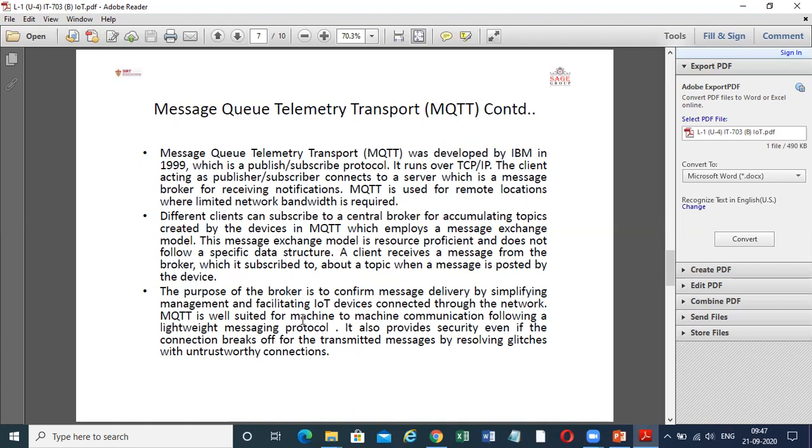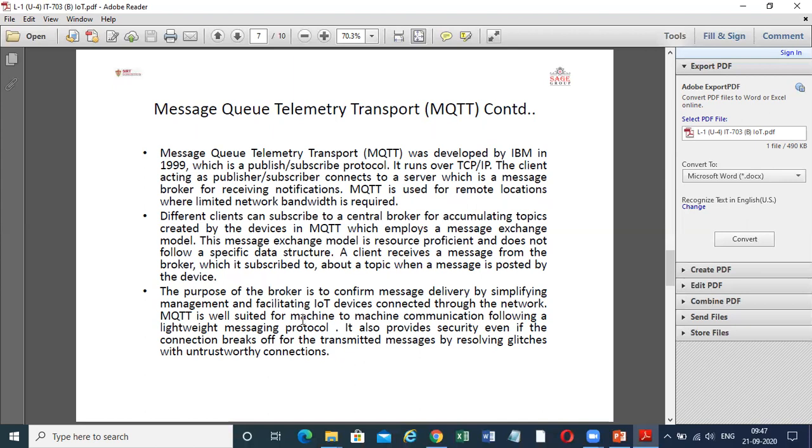The clients acting as publishers and subscribers connect to the server, which is a message broker, for receiving notifications. MQTT is used for remote locations where limited network bandwidth is required. Different clients can subscribe to a central broker for accumulating topics created by the devices, and MQTT employs a message exchange model.